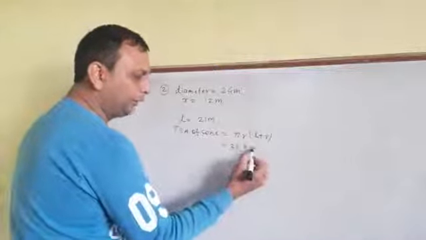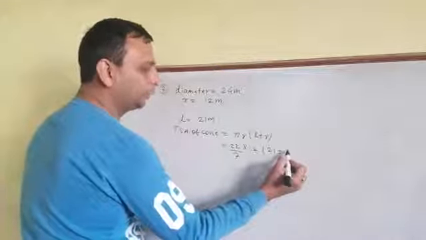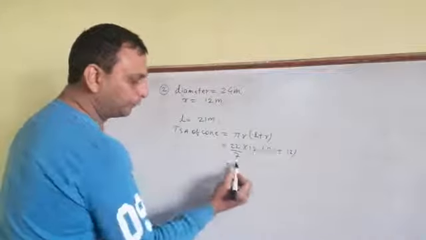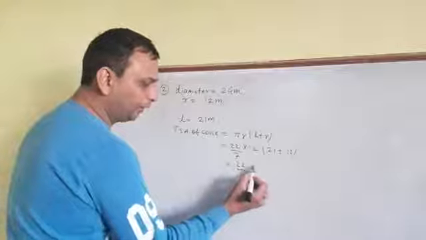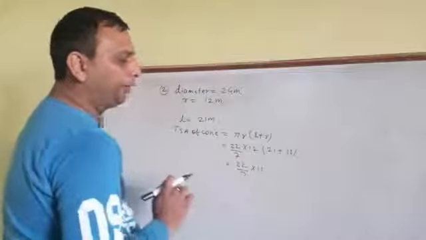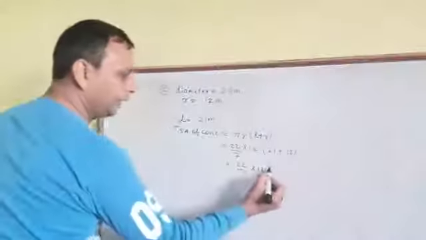Radius is 12 only, l is 21, and again the radius is 12. So 22/7 multiplied by 12, and 21 plus 12 we have to add, which will be 33. So that 33 will multiply with 12.